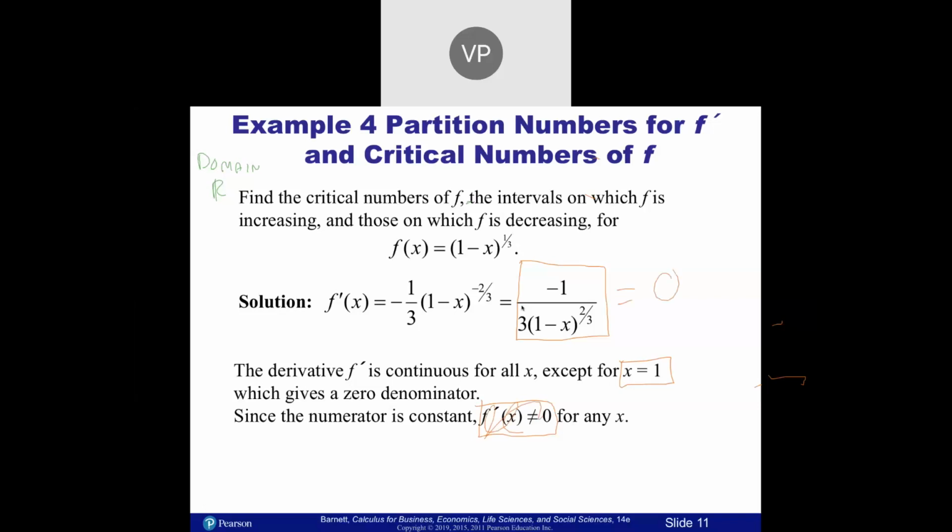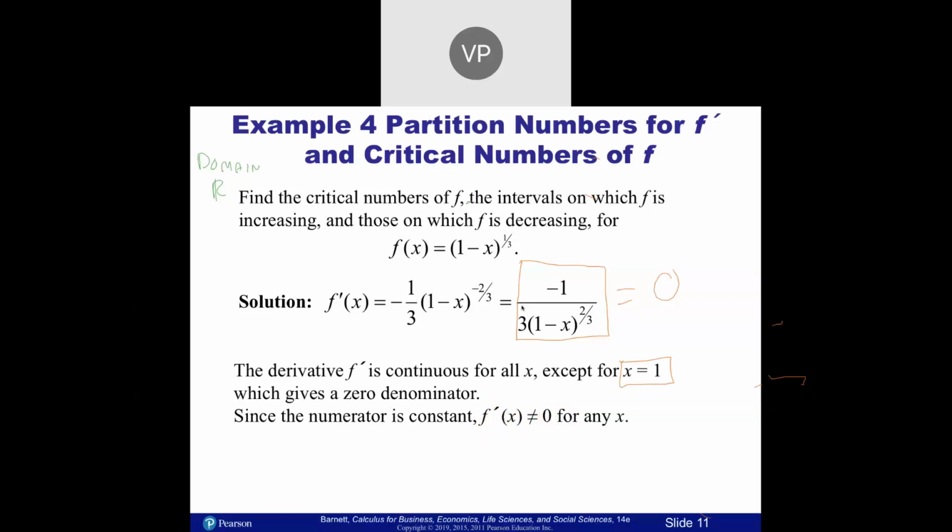Well, when you have a fraction equal to 0, the only way a fraction is equal to 0 is if the numerator equals 0. Well, our numerator is -1. No matter what number I plug in for x, I'm always going to have a -1 on top, so I'm never going to get anything that makes this equal 0. So what they wrote here was that the derivative cannot equal 0.